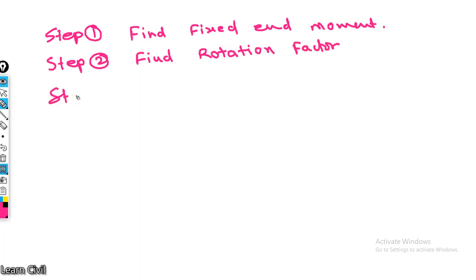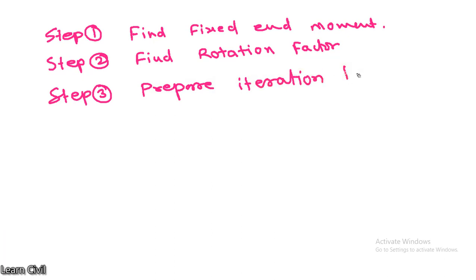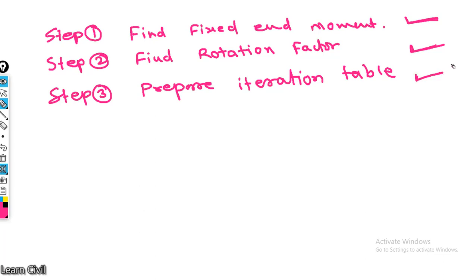Step number 3 is to prepare the iteration table. In the moment distribution method, we first calculate the fixed end moment, then the distribution factor, and then prepare the distribution table. But for Carney's method, we first calculate the fixed end moment, then the rotation factor, then prepare the iteration table.